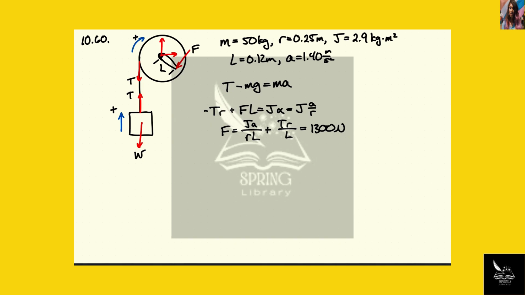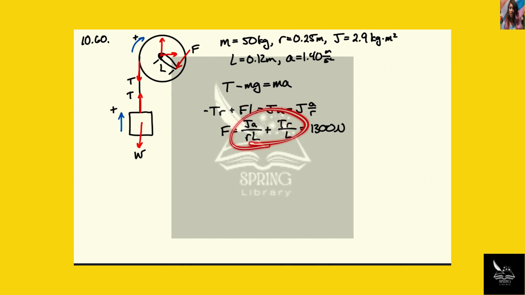We can do some manipulating here, substitute this into here, and manipulate things. We know what m is, so we can figure out what T is, and plug it in here. Solving for F, we get F equals JA all over RL plus TR over L. We know what T is from before, though I didn't actually write down the value.